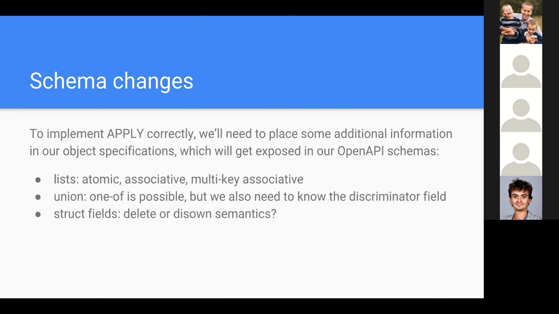Brian has a proposal to add discriminators. I don't believe any of our API types currently have discriminators. Some do. Some do? Okay. We don't use it the way I think we should be using it. We're still discussing that.